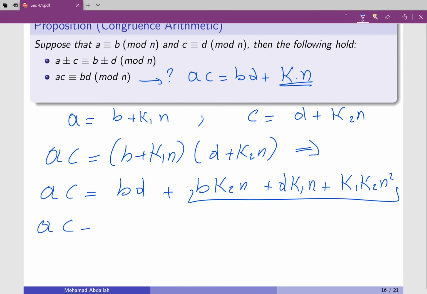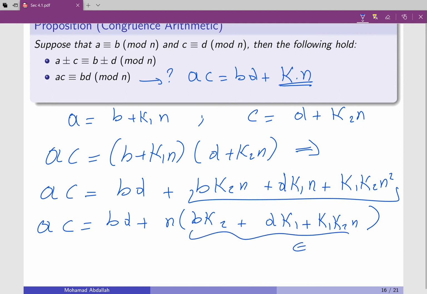So AC is equal to BD plus n multiplied by some integer like BK2 plus DK1 plus K1 K2 n. It's a sum of products of integers, so certainly it's an integer. As a result, I have AC congruent to BD mod n.